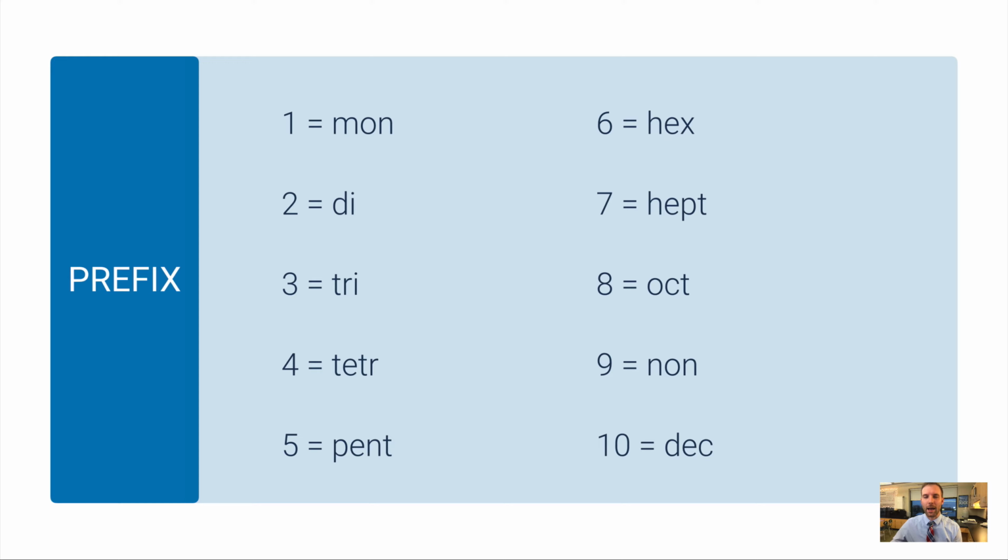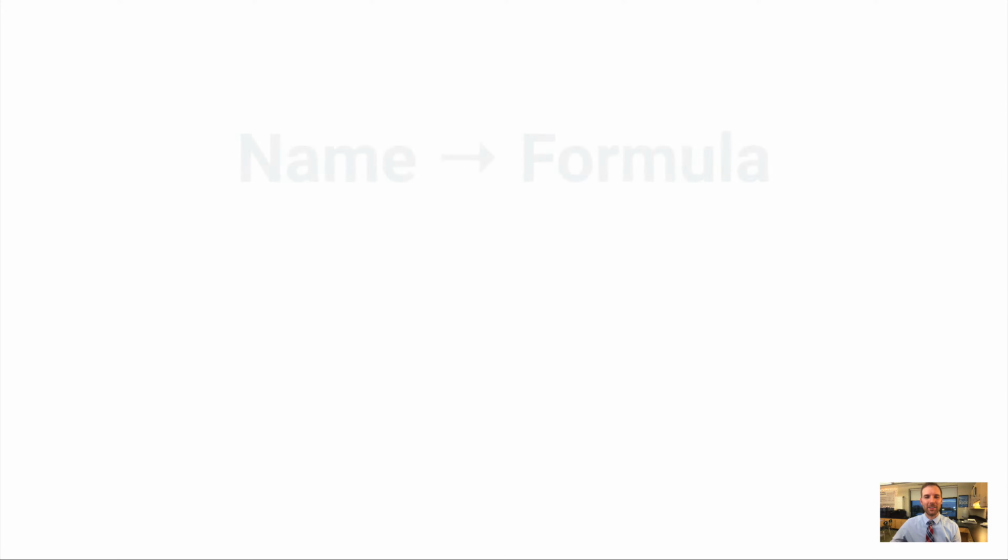So carbon monoxide, not monooxide. Carbon dioxide's okay, trioxide's okay. But if it ends in an O or an A, which is all of them on this list except for 2 and 3, you just want to drop that O or A off. Only reason for that is actually just so it flows a little better when you pronounce it. That's really it. So let's do a couple of these.